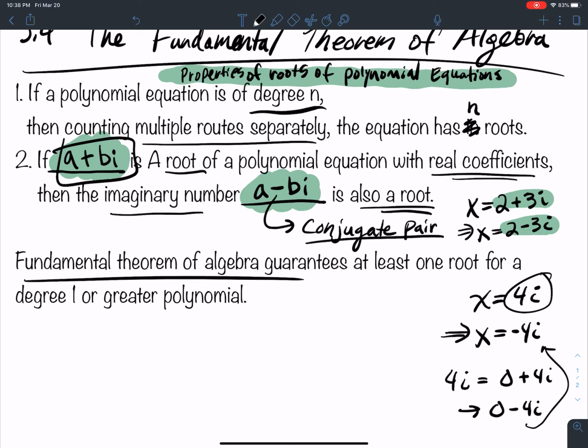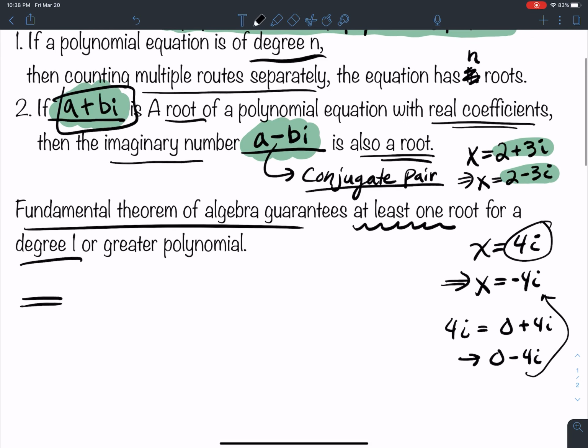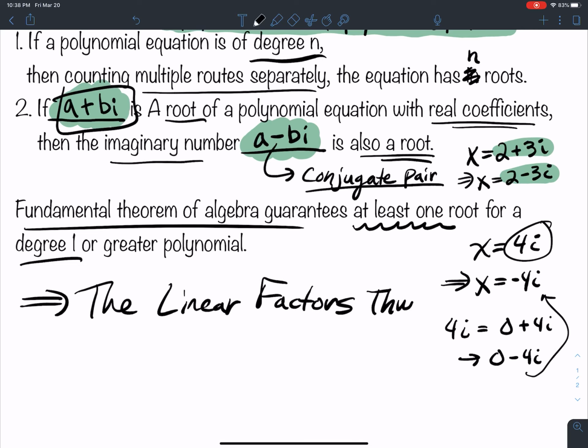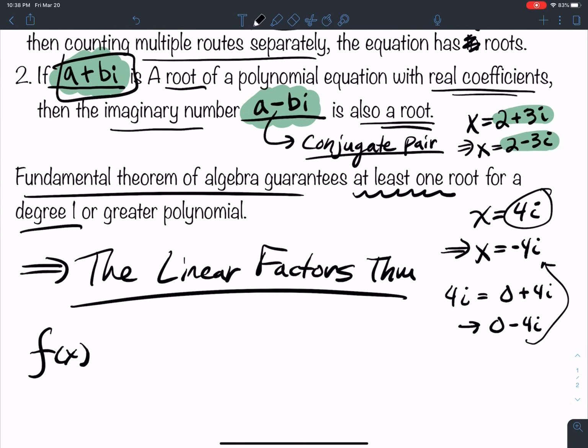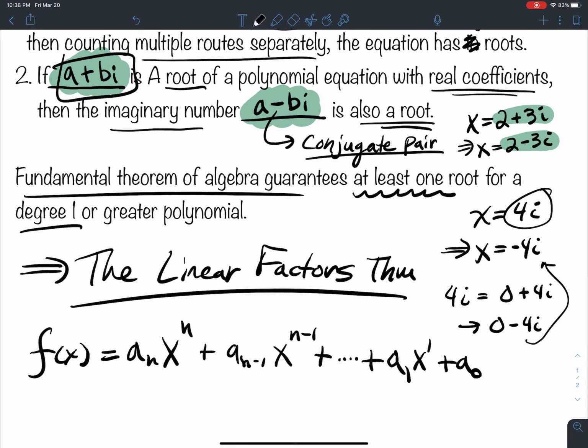Now, the fundamental theorem of algebra guarantees at least one root for a degree 1 or greater. This allows us to apply the linear factors theorem. Very powerful theorem that says I can take any f of x, degree n, so a_n x to the n plus a_(n-1) x to the n minus 1 plus blah, blah, blah, all the way down to a_1 x to the 1 plus a_0, that typical one.